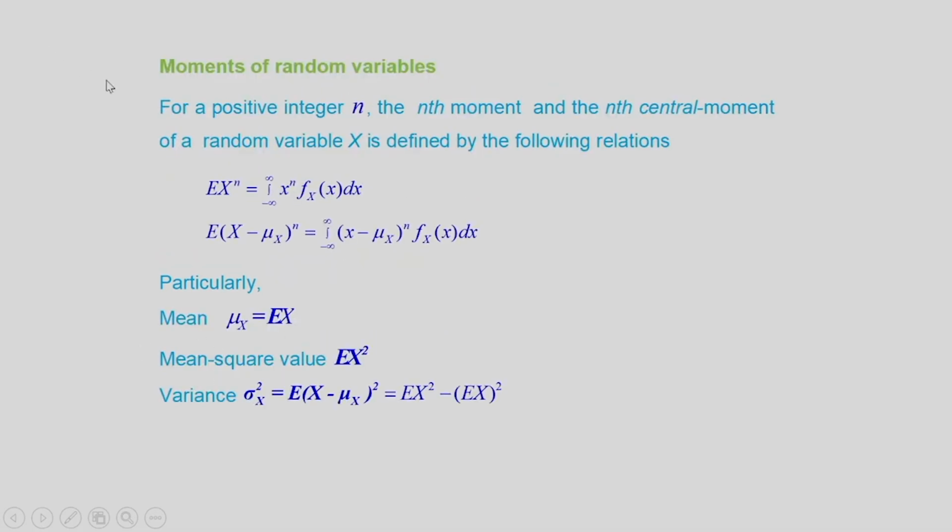We also define the moments of random variables. Moments and central moments we will be defining. For a positive integer n, the nth moment and the nth central moment of a random variable x are defined by the following relations: E of x to the power n is the nth moment, and knowing the definition of expectation, this will be the integration from minus infinity to infinity of x to the power n times the PDF of x into dx.